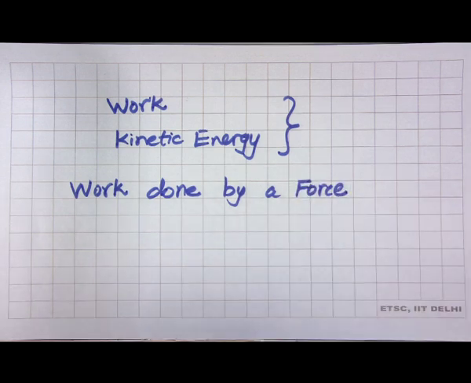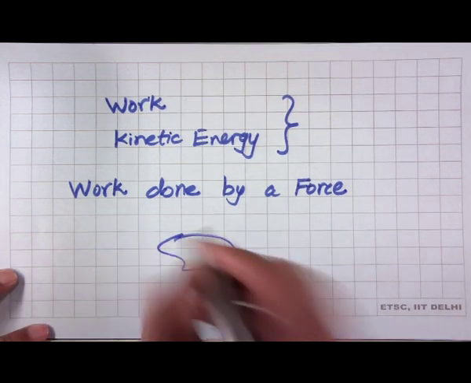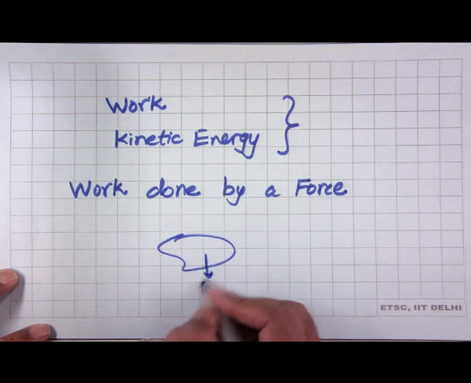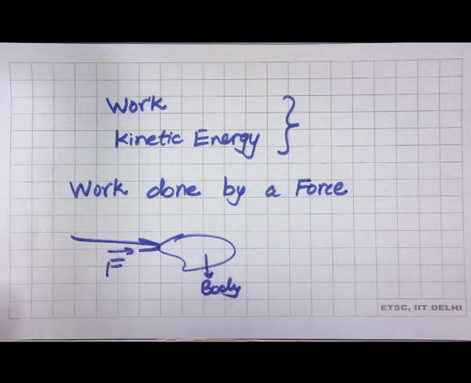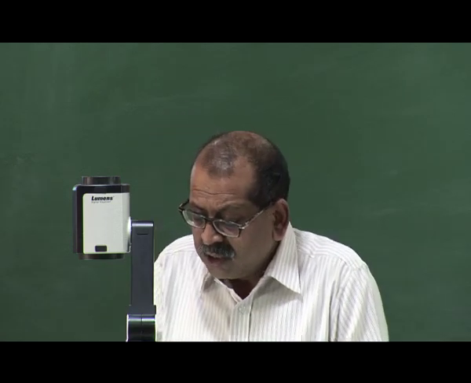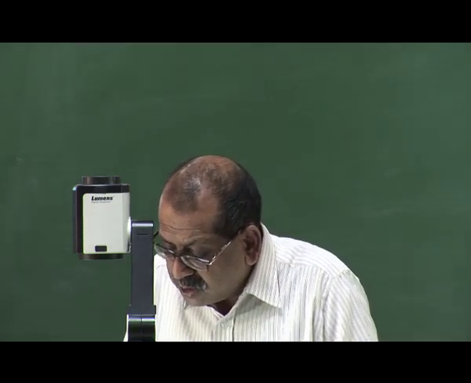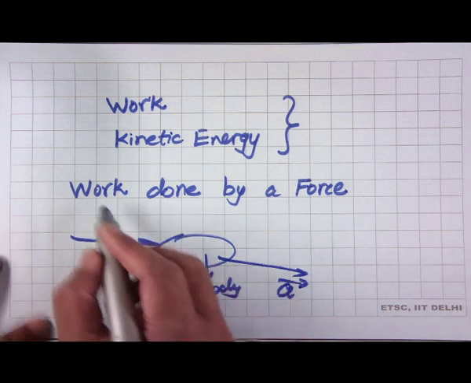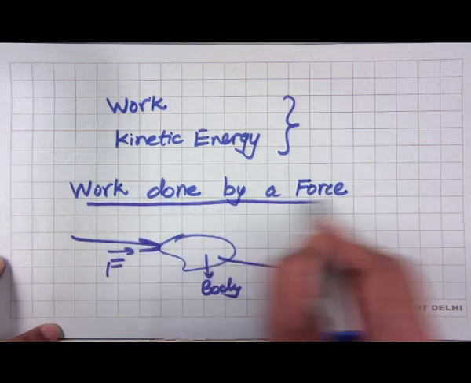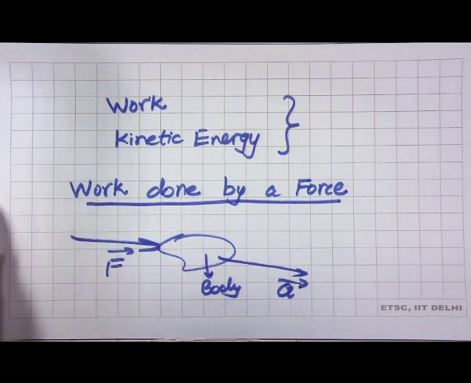So, we have a particle or a body on which a force acts, and in general if this is the only force acting on this body, then the body will start to move with an acceleration a in the direction of the force. Of course, more than one force could be acting on a body. Now, let us define the term work done by a force.